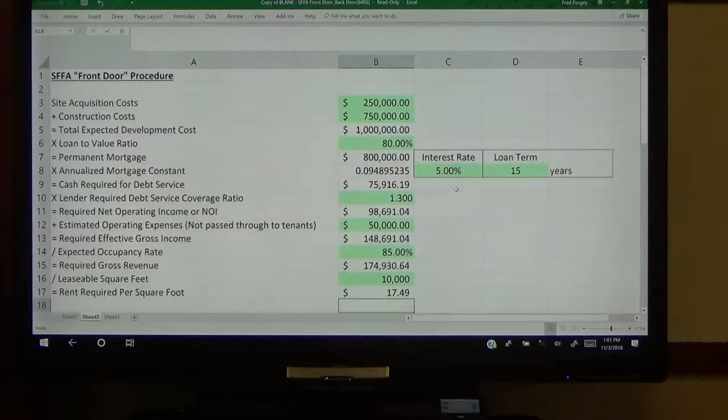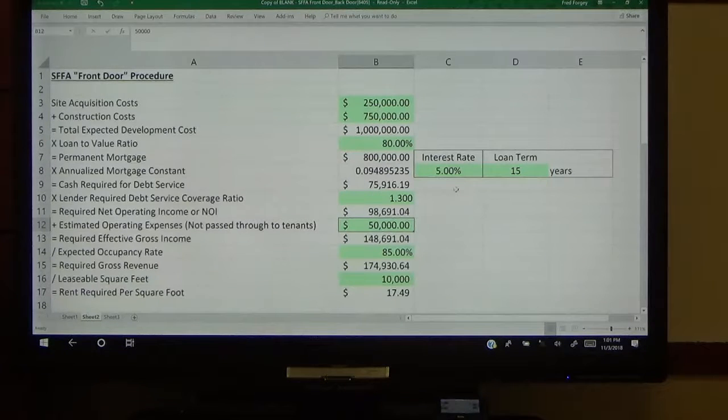We can't just try to force fit the round peg in the square hole. So just a simple thing, if you wanted to make things more feasible, as I was saying earlier about the operating expenses: what if we could pass more of that on to the tenants and we pay less as the property owner?